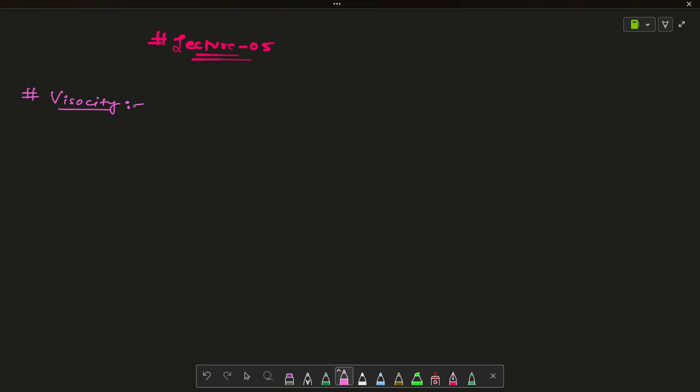Okay. And there are some methods by which we have to study viscosity in much more detail. So in technical terms, what does viscosity mean? The technical, actual definition of viscosity is that it is a quantitative measure of a fluid's resistance to flow. We have taken the example of honey and water. If you put honey here, it will accumulate over the surface and will not flow that easily.